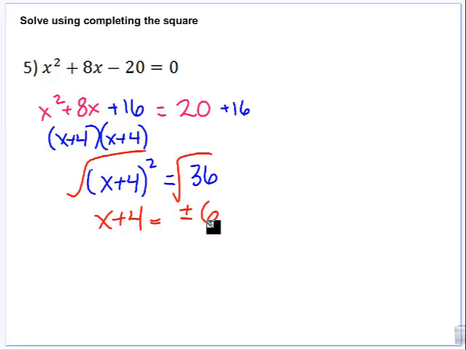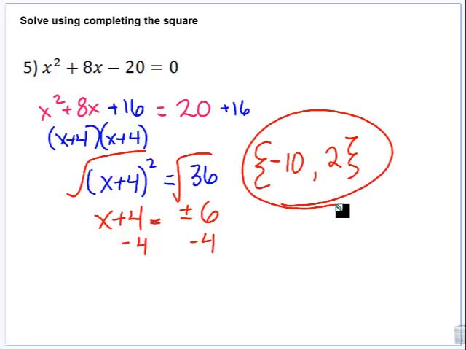And then to solve for x, we would need to subtract 4 from both sides. We have to make sure we subtract the 4 from a positive 6 and from the negative 6. So positive 6 minus 4 is 2, and negative 6 minus 4 is negative 10. So my two solutions here are negative 10 and positive 2.